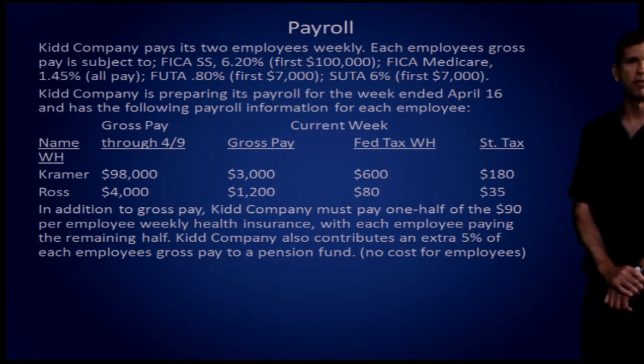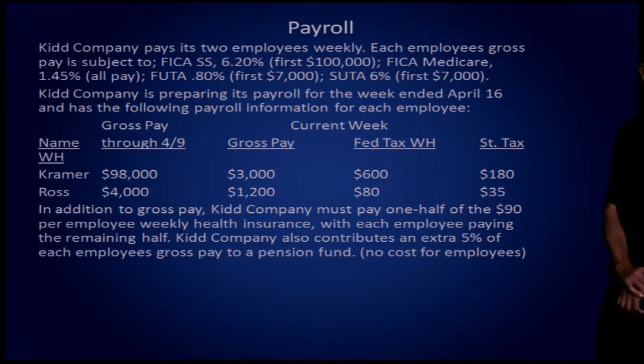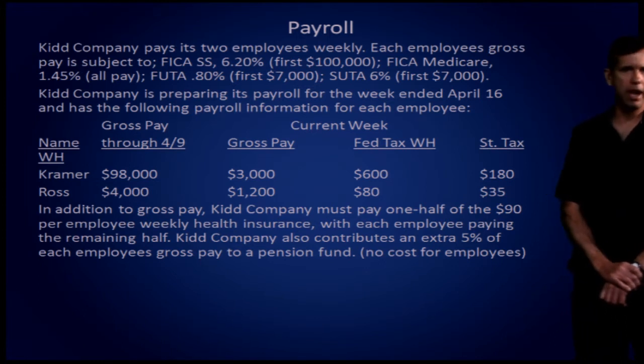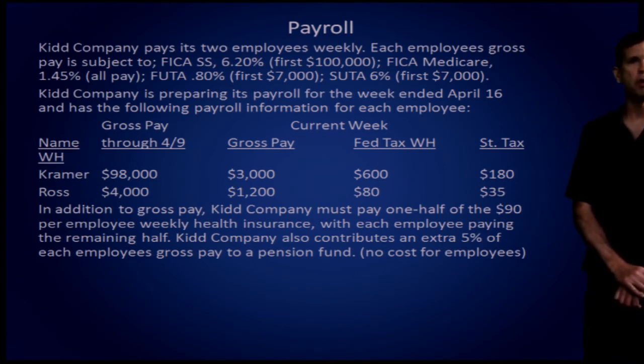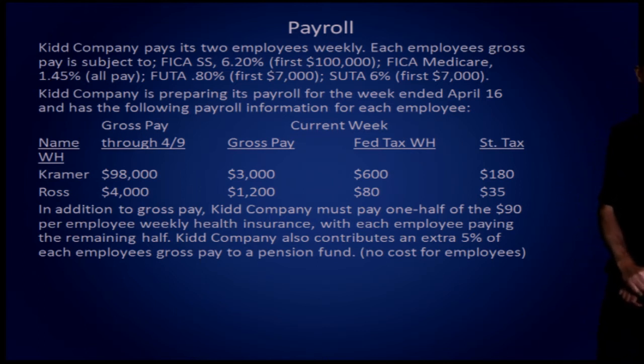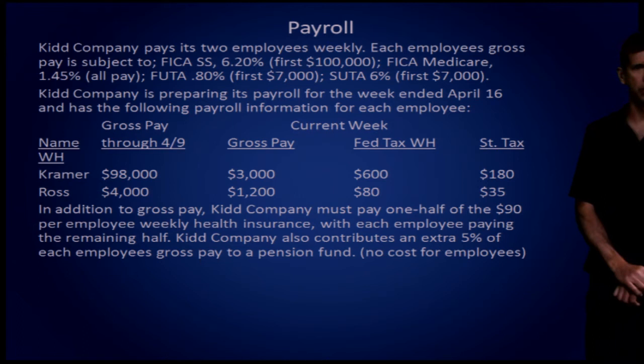That's the first $7,000. Kid Company is preparing its payroll for the week ended April 16th and has the following payroll information for each employee. We've got 2 employees, Kramer and Ross. You can see their total pay in this calendar year through April 9th, their gross pay just for this particular week, their federal tax withheld for this week, and their state tax withheld for this week.